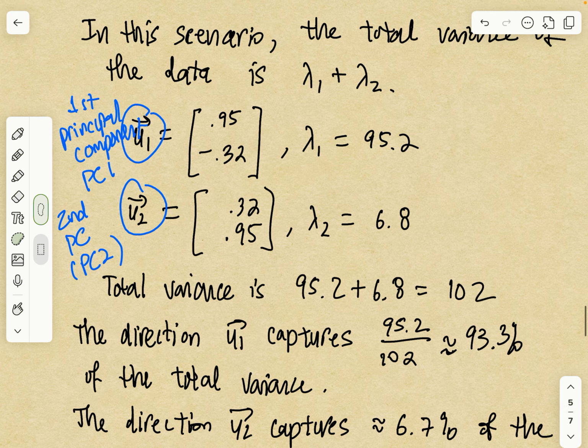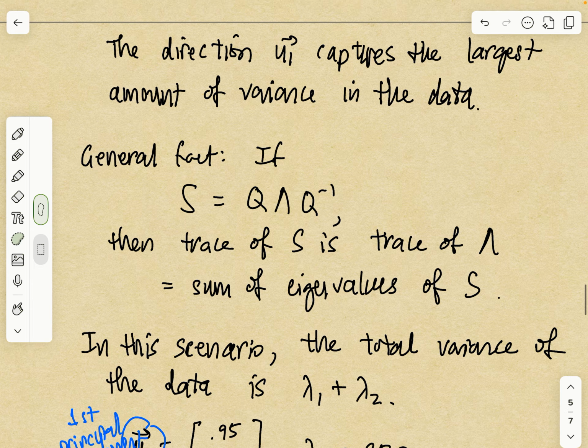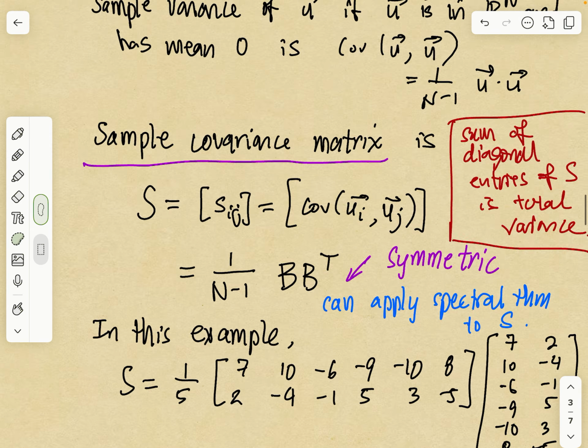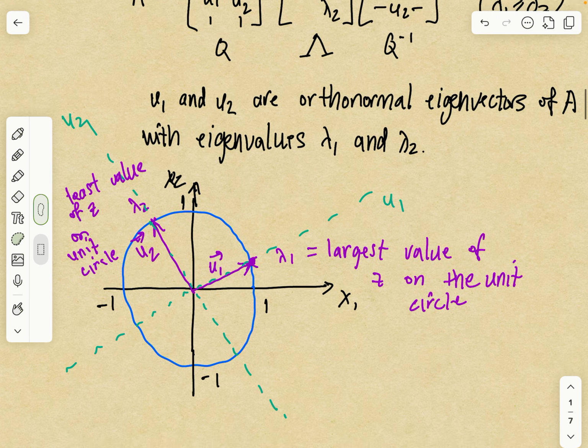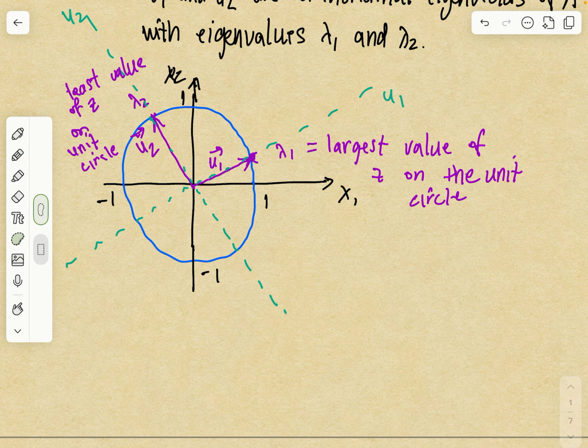And again, the point is that this is how we're applying this fact about quadratic forms, the constrained optimization. When you take a linear combination of the features, but you take the coefficients such that that vector has unit length, then what you're really doing is restricting this quadratic form, which is the variance, to the unit circle.